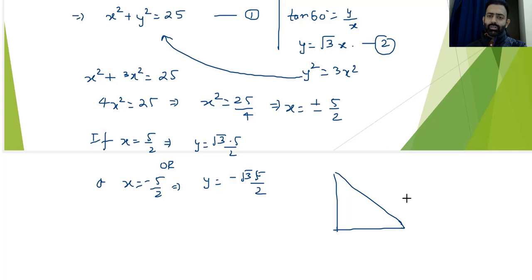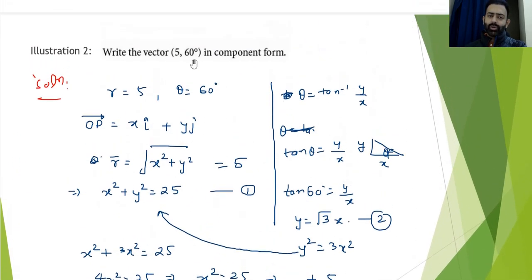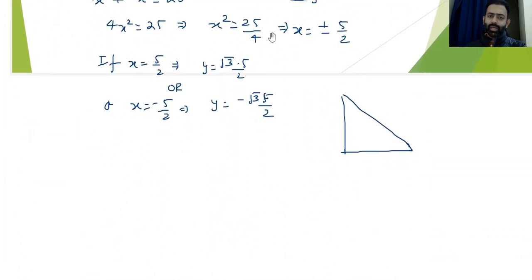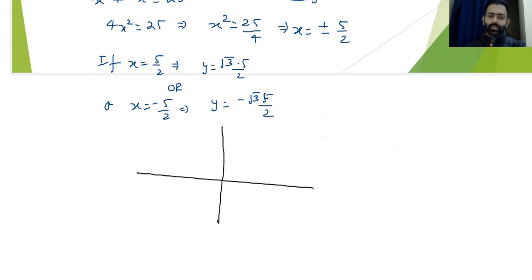Since in the question, if you look at the question, magnitude was 5, but the angle was given as 60 degrees. Okay, let me make a coordinate axis, things will get clearer. So you have been given the coordinate axis like this, and there is a vector, let us say like this, OP vector.